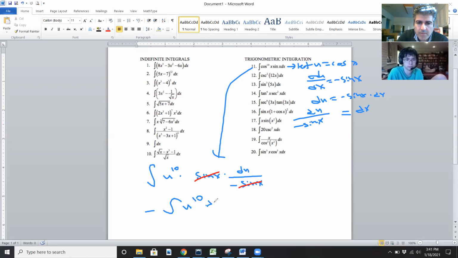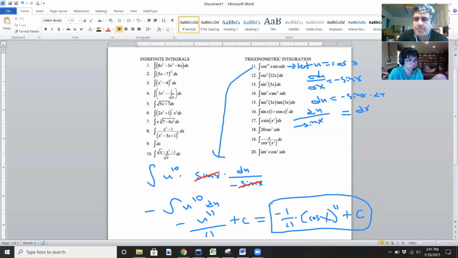Add 1 to the exponent, divide by the new exponent, plus c. So it's negative 1/11th times cosine x raised to the 11th power plus c. There we go. So not too bad.